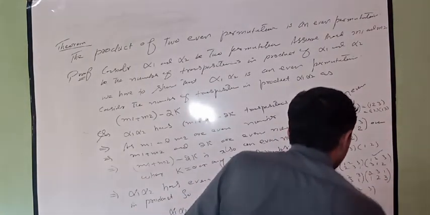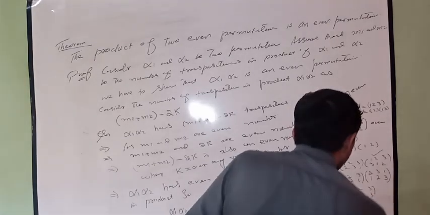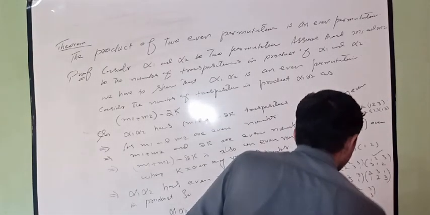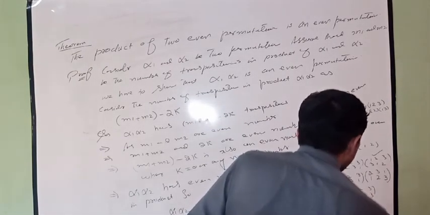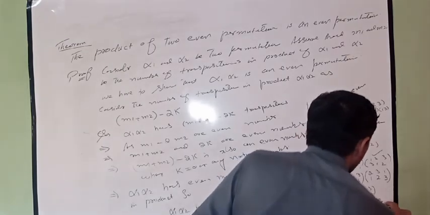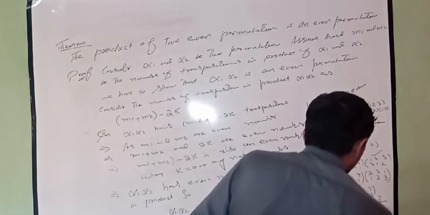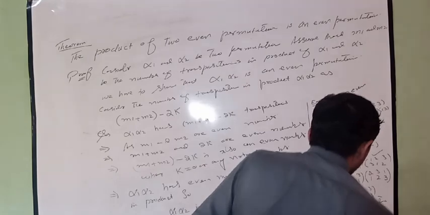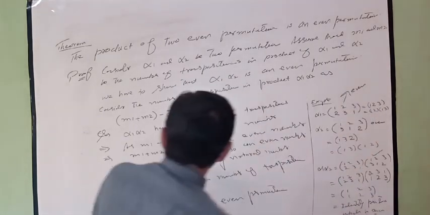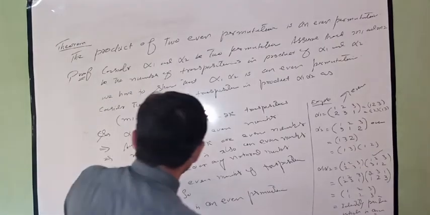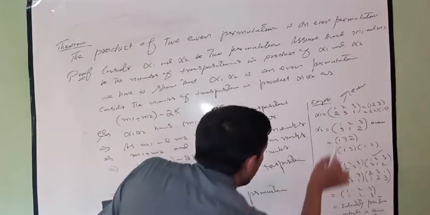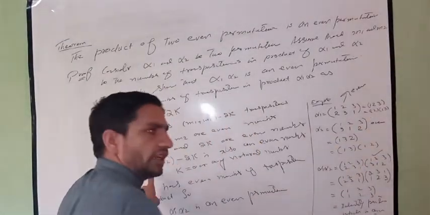This one is an identity permutation, which is an even permutation.